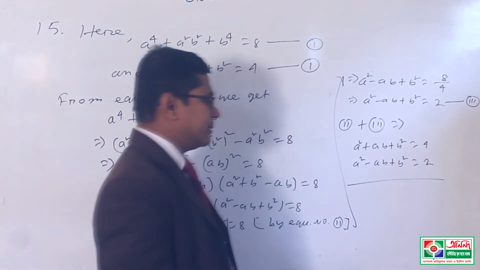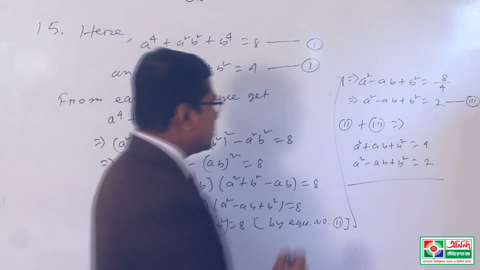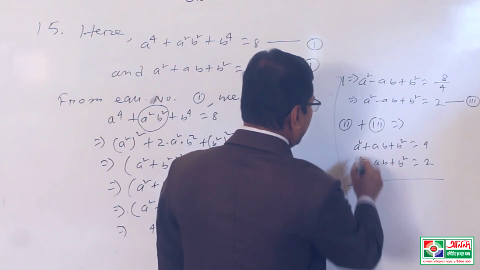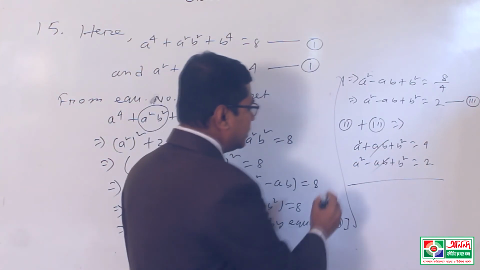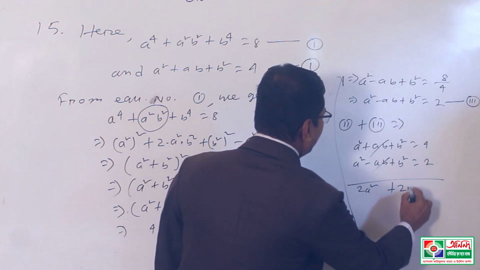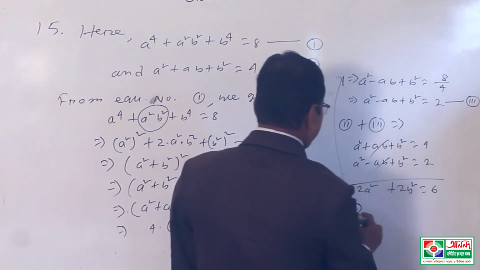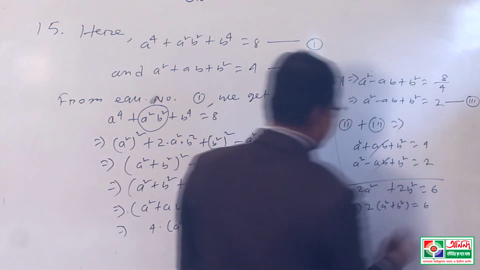If we add, then we can get the value of a square plus b square. So we can cancel ab and ab, and you can write a square plus a square 2a square, and b square plus b square 2b square, and 4 plus 2 you can write here 6, and you can take common 2. So you can write here a square plus b square equal to 6.